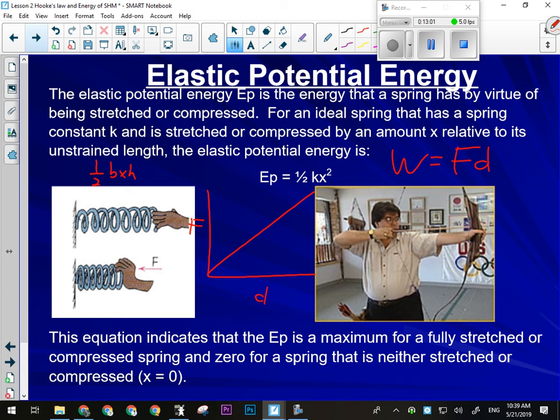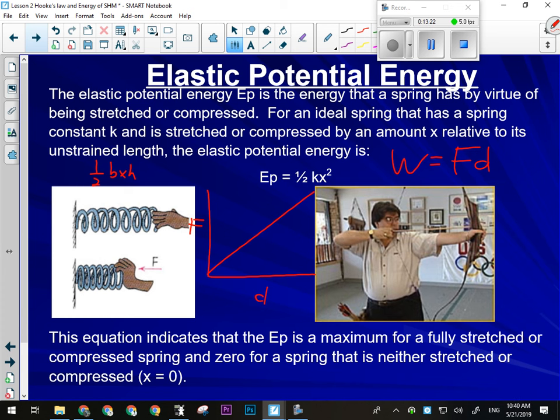So when we did that, we were essentially going force times distance. We were calculating the work that we had done, which meant we were also calculating the elastic potential energy that we had put in the rubber band. Everybody follow me on that one?